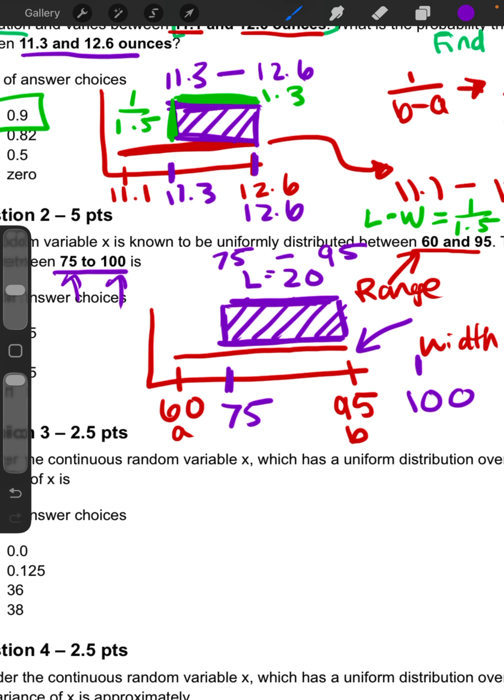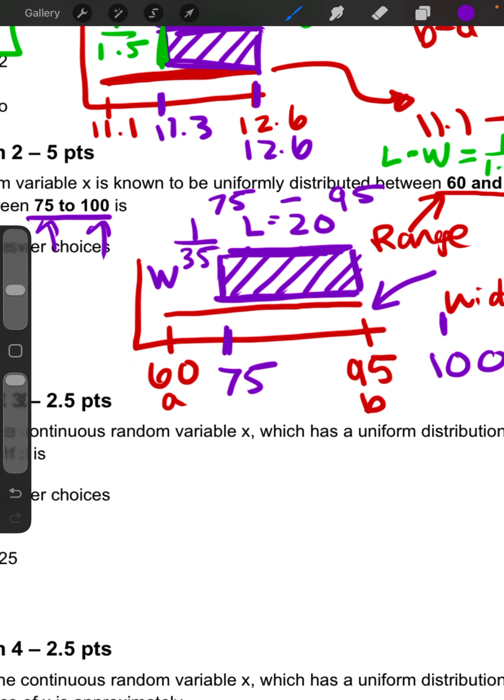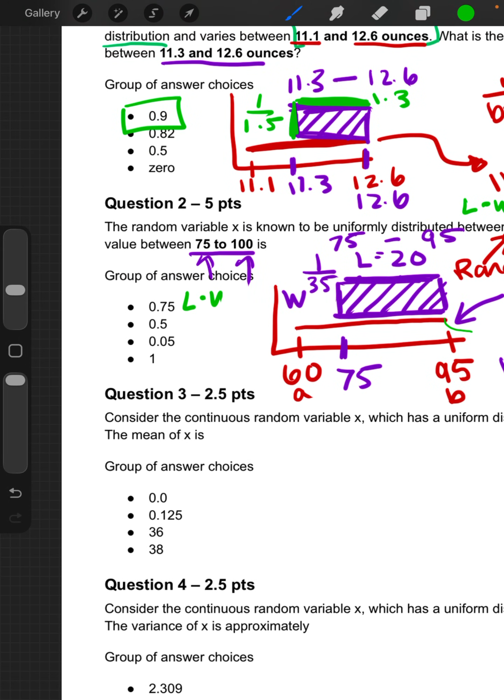So that's our length, and then our width is 1 over 35. So length times width is 1 over 35 times 20 over 1.